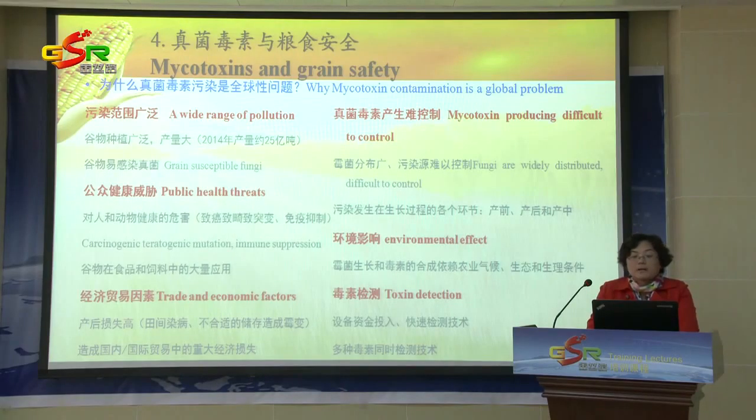We must depend on grain to eat. But grain-susceptible fungi can seriously influence public health, especially causing cancer and immune problems.